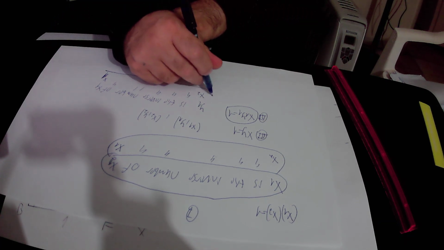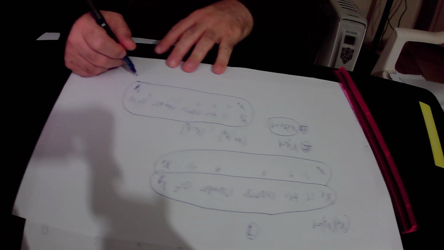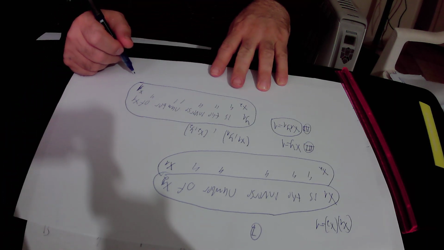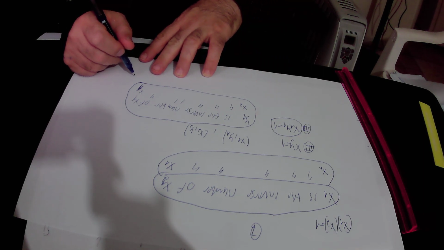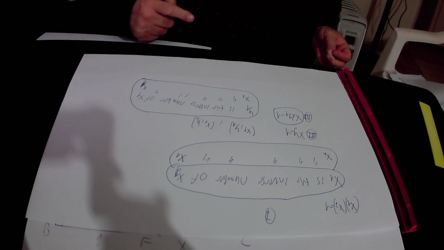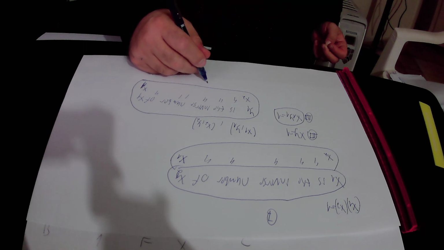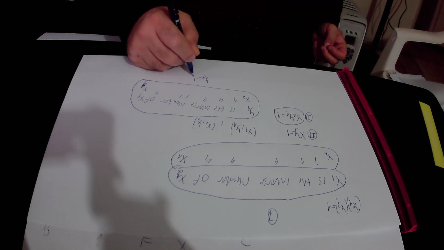But we found out that y1 is the inverse number of x1, and x2 is also the inverse number of x1. But we have only one inverse number of each number. x1 has only one inverse number. And because of the fact that x1 has only one inverse number, it means that y1 equals x2. Okay, y1 equals x2.